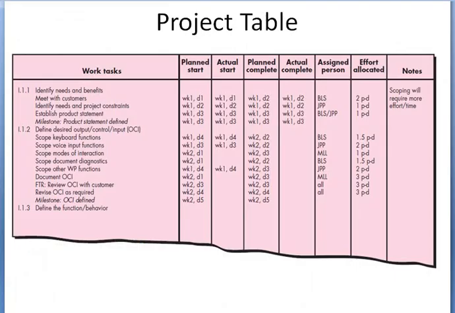And the tabular form is represented along with the work task, planned start date, actual start date, planned completion date and actual completion date, the person to whom that work is assigned, the effort, resources allocated to that person to complete that task, and notes available regarding that task. That way, the whole work is divided in the form of a project table.